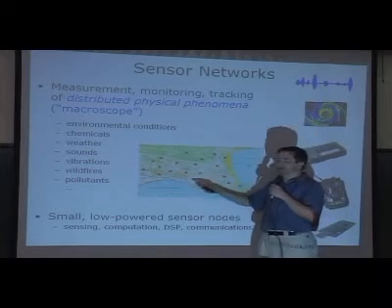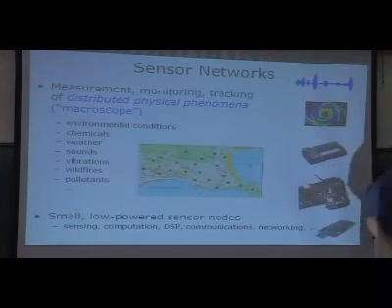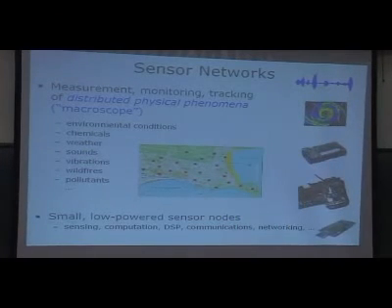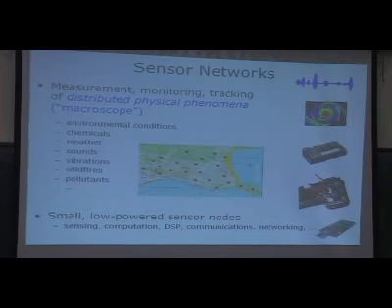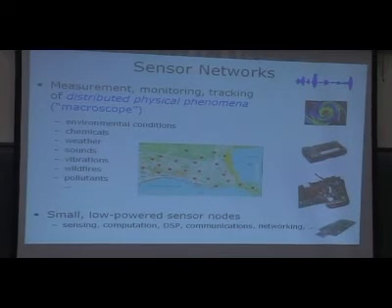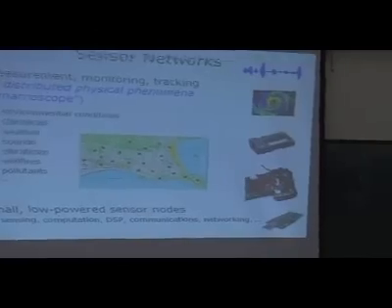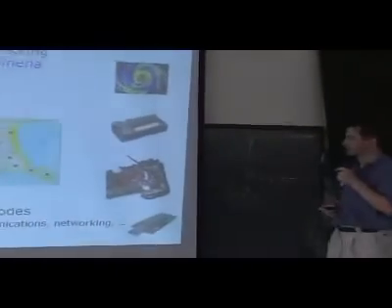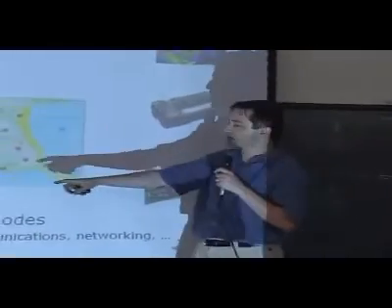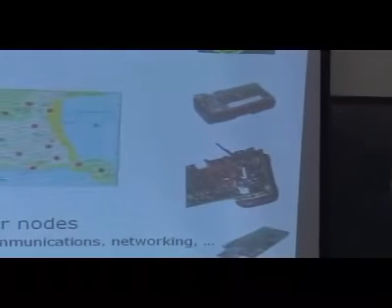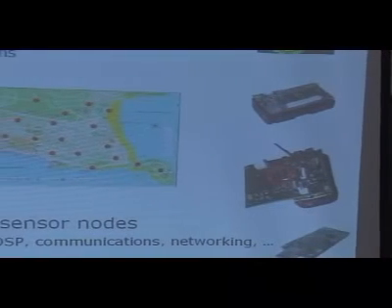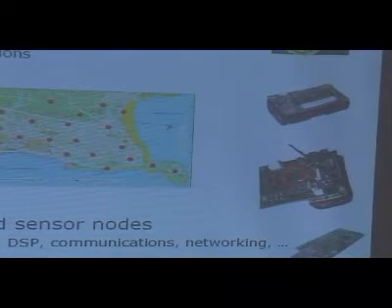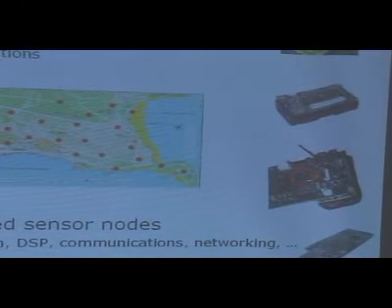And that's going to require some kind of communication, right? Because these are not going to be connected by wires. They're going to be battery powered, and they're going to be interconnected by wireless, like your cell phone or your Wi-Fi system. Okay? So these sensor nodes have sensing on them, they have computation and signal processing on them, and they have communication and networking abilities.